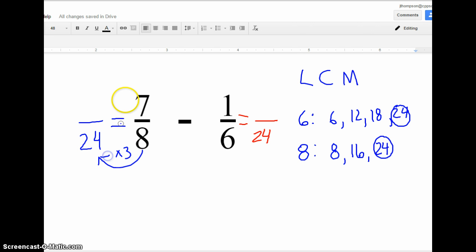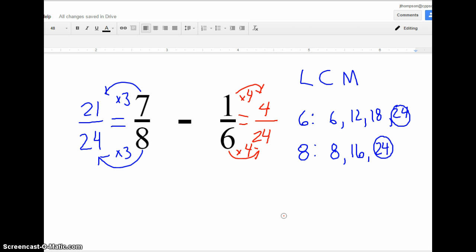So 7 times 3 gives me 21. And 6 to 24 is 6 times 4. So that means I've got to take 1 and also multiply it by 4. That would be 4 24ths.